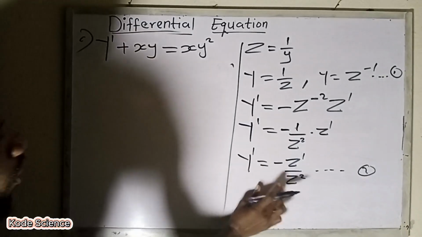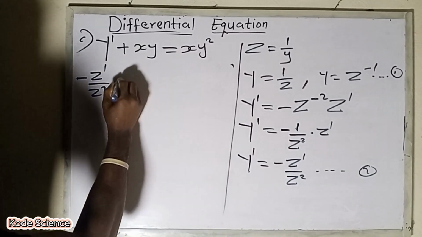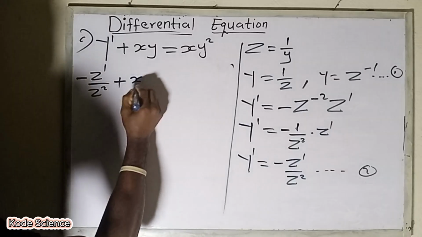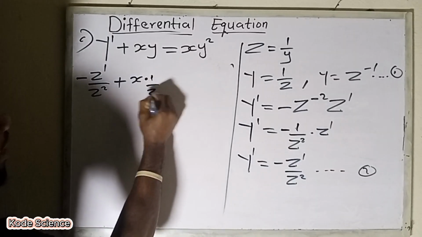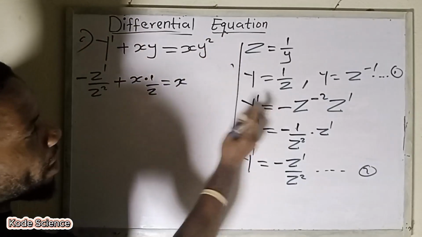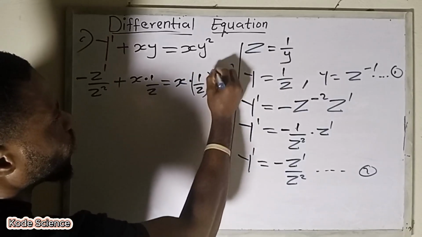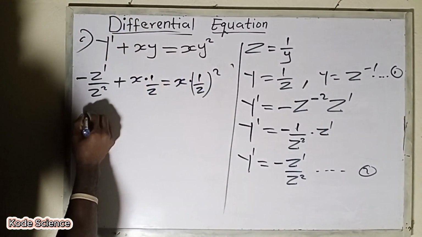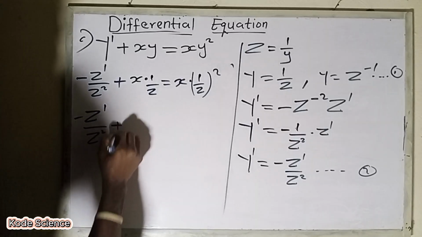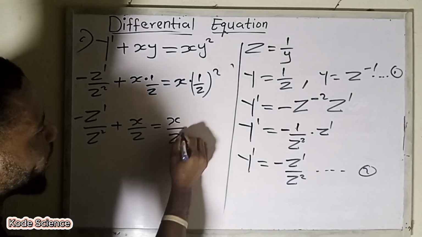Our y prime is negative z prime over z squared, plus x times y, and y is 1 over z, equal to x times y squared, where y is 1 over z, squared. So we have negative z prime over z squared plus x over z is equal to x over z squared.